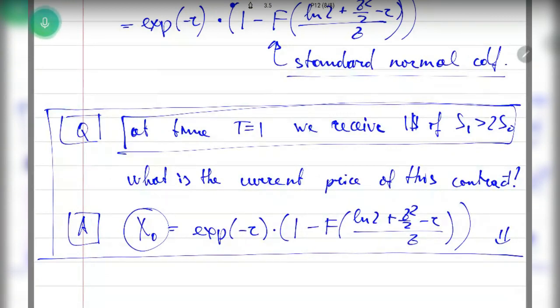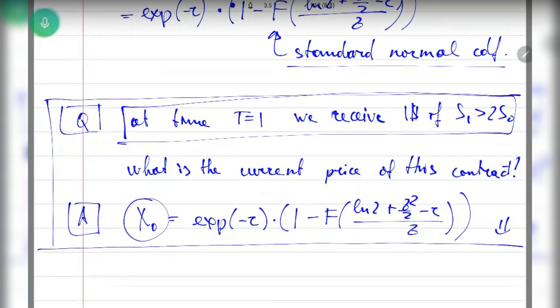That's the current price of this contract. Okay, I think we are done. We have calculated the price of a financial claim using the Girsanov theorem. We will consider more examples next time, but I think that's a great achievement. We are brave as Girsanov.